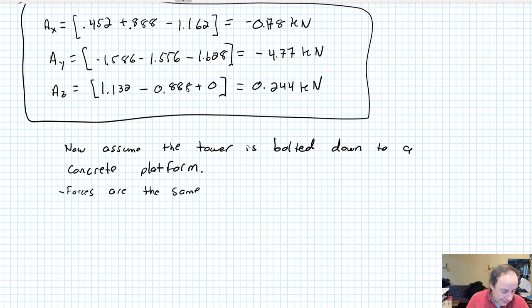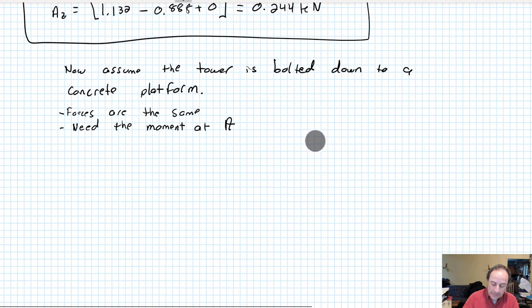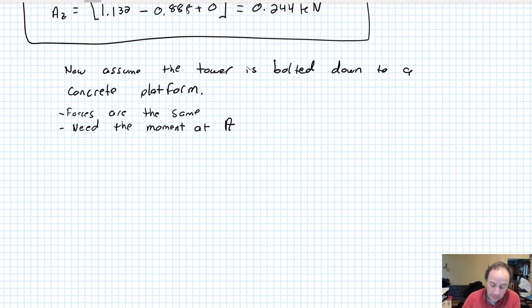But what we do need is the moment at A. All right, so remember, moment about a point is the position vector, let's say for AB.